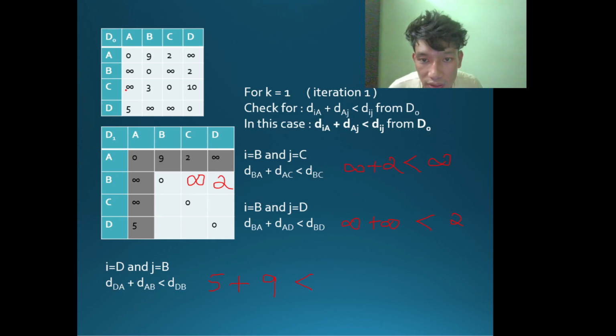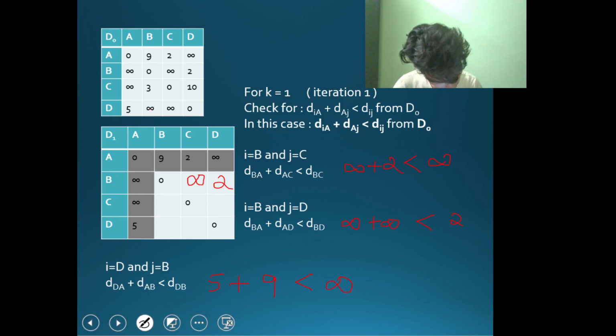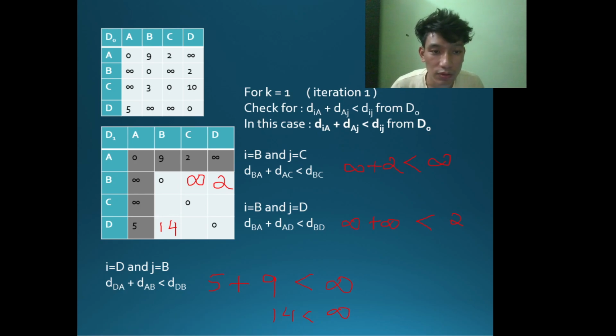Distance of dB here from the previous matrix is infinity. So it is 9 plus 5 is 14, which is less than infinity. So we will insert here 14. Similarly, with this logic, we will continue to fill out the elements of the D1 matrix.